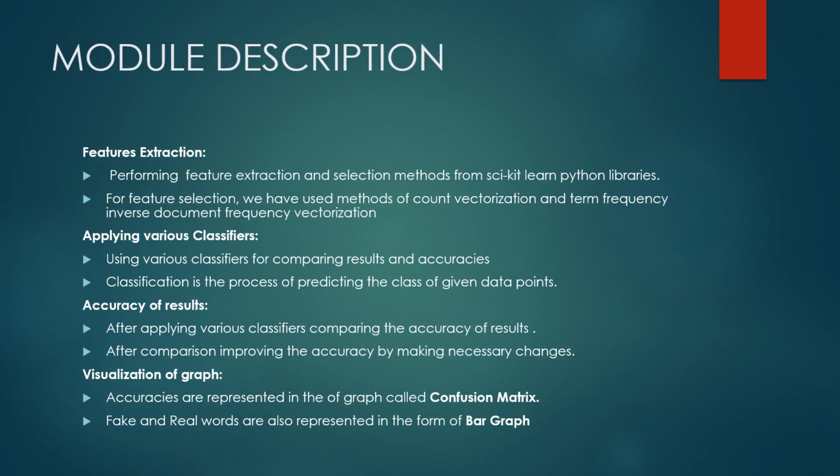Module description consists of feature extraction, applying various classifiers, accuracy of results, and visualization graph. Here mostly we are using the scikit-learn library, improving the accuracy by making necessary changes, and as we discussed, Matplotlib turns into a bar graph representing what exactly fake news is and what exactly real news is.